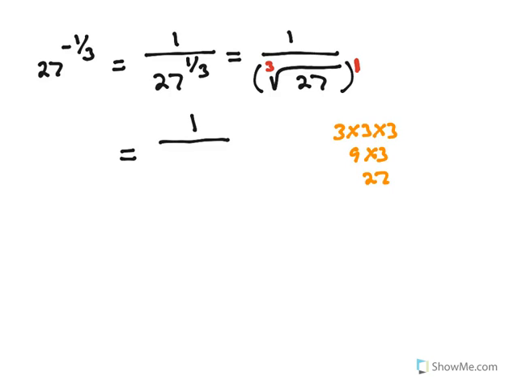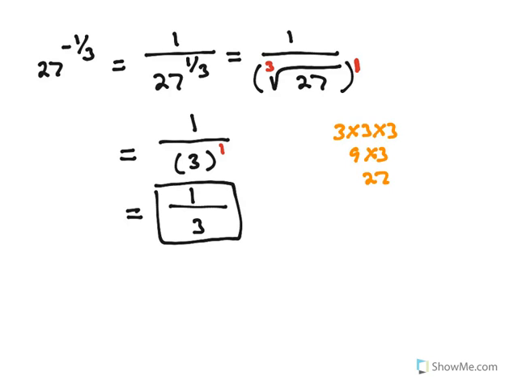So the cube root of 27 is going to be 3. Don't forget, I'm raising that to the first power, right? And we said that anything raised to the first power is just that number right back. So the final answer is 1/3.